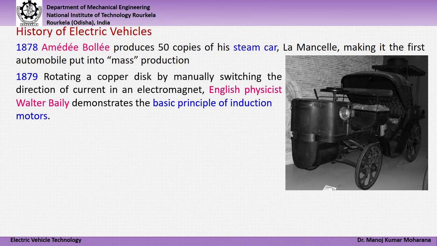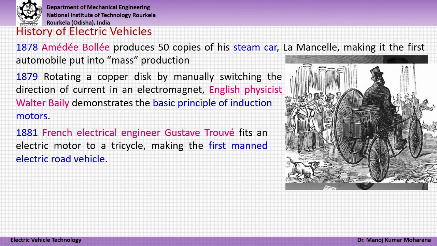Then in 1879, English physicist Walter Baily demonstrated the basic principles of the induction motor by rotating a copper disc manually, switching the direction of the current in an electromagnet. In the year 1881, French electrical engineer Gustave Trouvé fitted an electric motor to a tricycle, making it the first manned electric road vehicle.